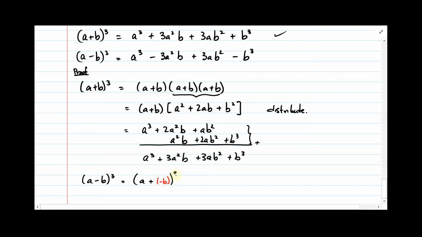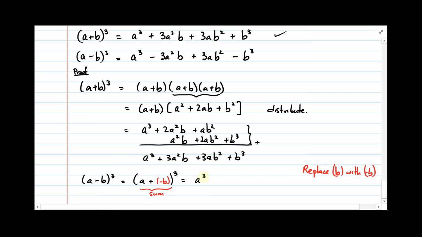And so in the previous lines, wherever I have b, I'm going to replace b with minus b. So that will make my life a lot easier. Because this is now written as some sort of a sum, I'm going to use the previous part.